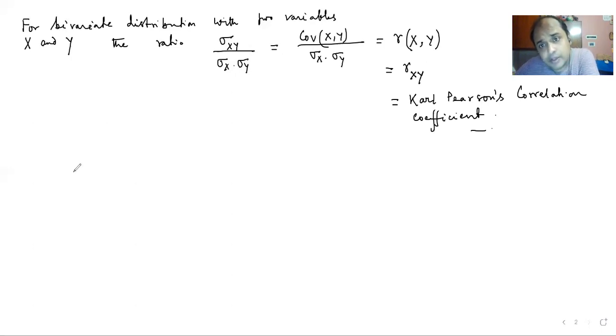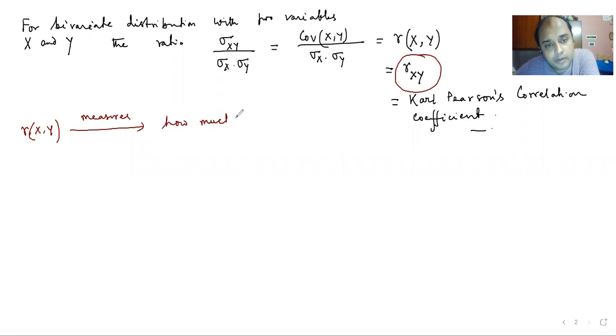Now, what the correlation coefficient is actually measuring: rXY measures how much X and Y are correlated with one another.